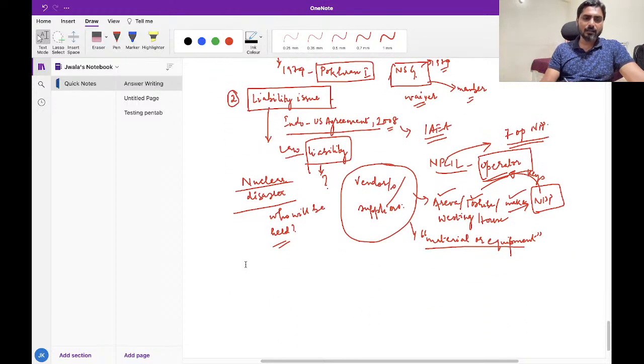And then another technical thing that you need to understand in this is India's 3-stage nuclear program.